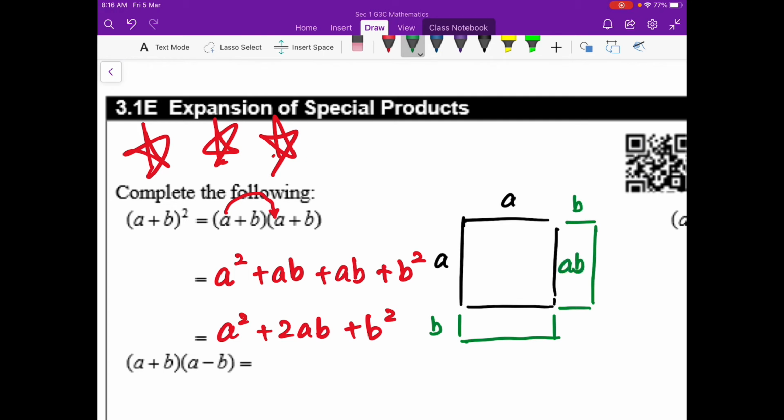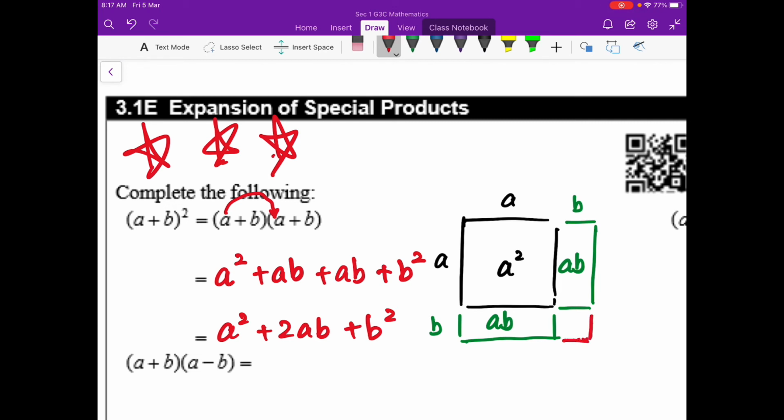AB. What about over here? Also AB. What about this one? This black color square? A square. So A plus B times A plus B, we are going to have at least these 3 components. They are A square, AB, AB, as well as one missing square over here. What is the area of this missing square? B square.